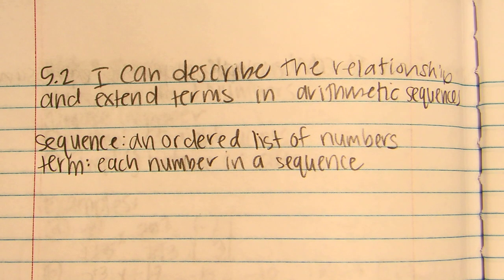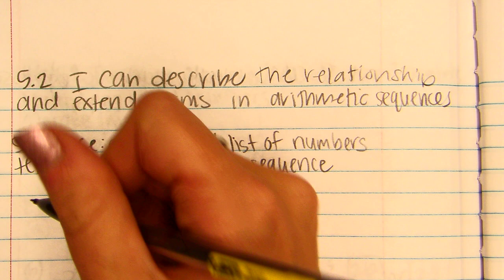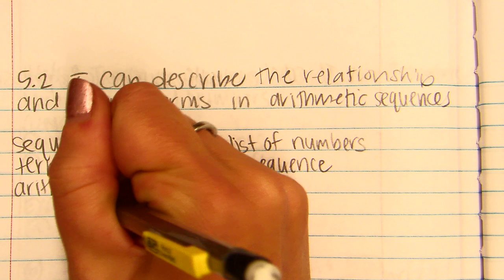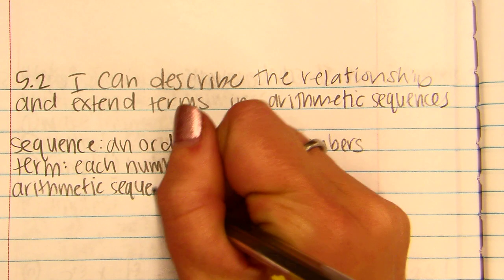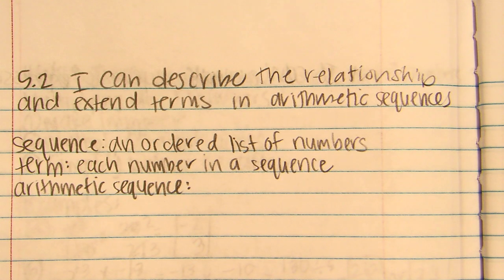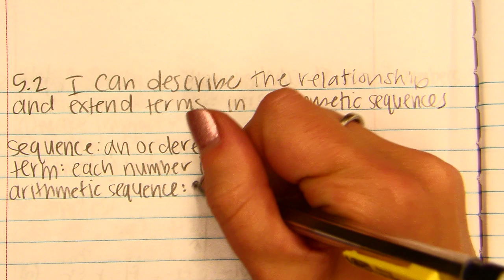And then our last definition is an arithmetic sequence. So an arithmetic sequence is a sequence where the pattern is adding.